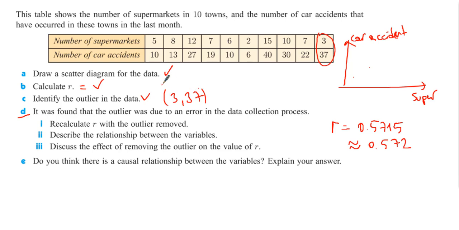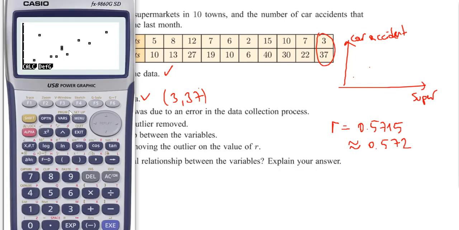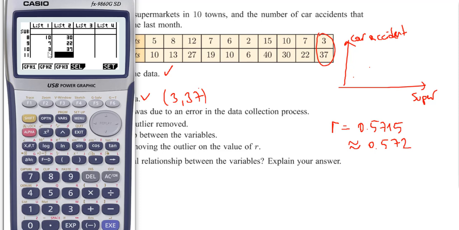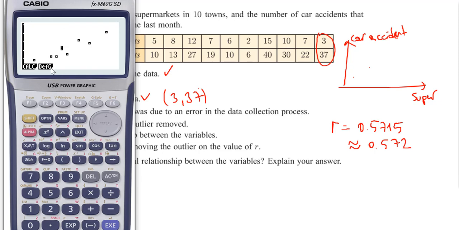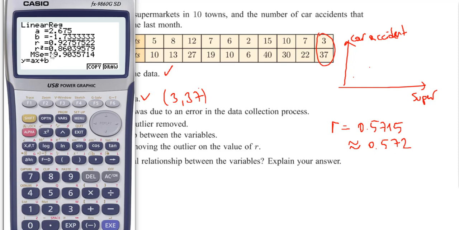So that was an error, and that's why it looks like an outlier in the picture. Let's remove it and see what happens to my coefficient. Let me delete 37, and also 3. Now I removed it, let's calculate again. Go to the X, and here my correlation is 0.928.